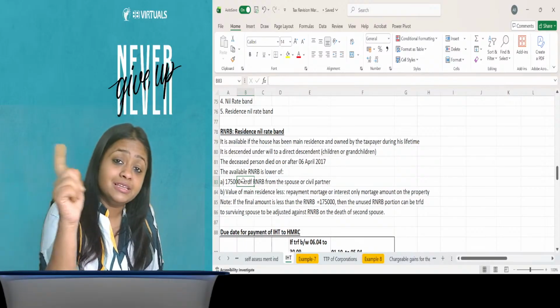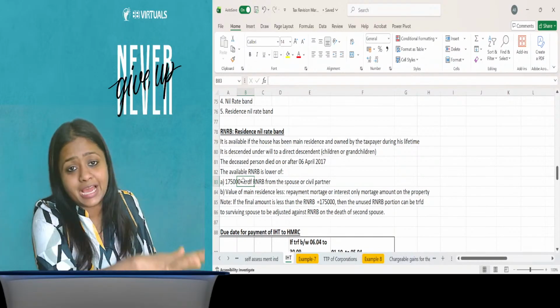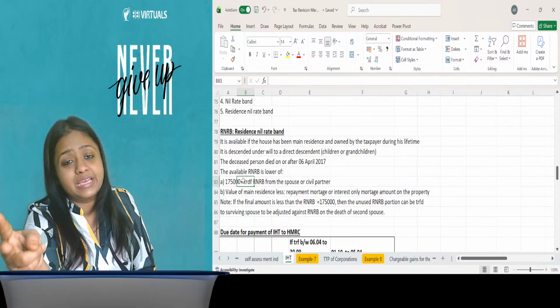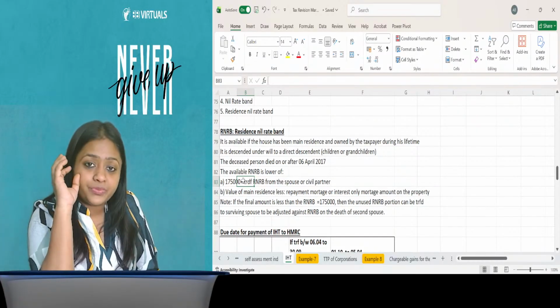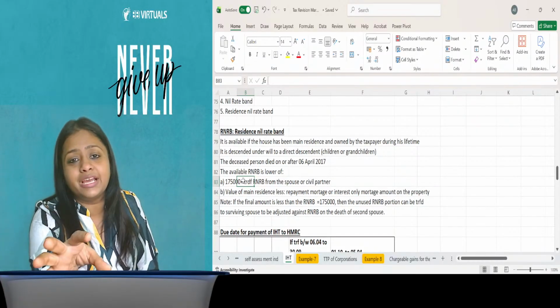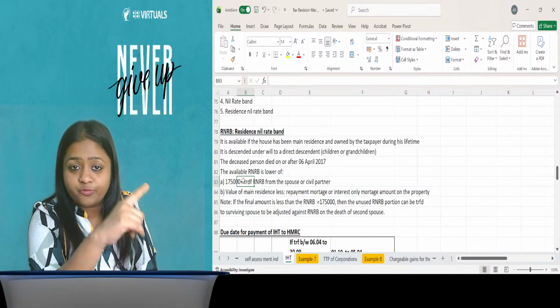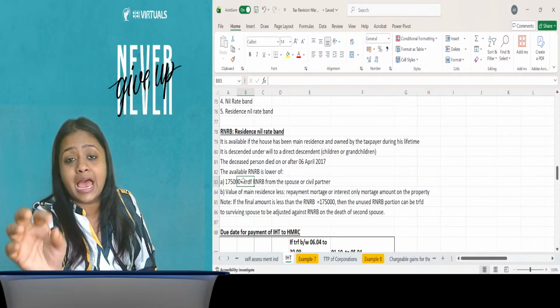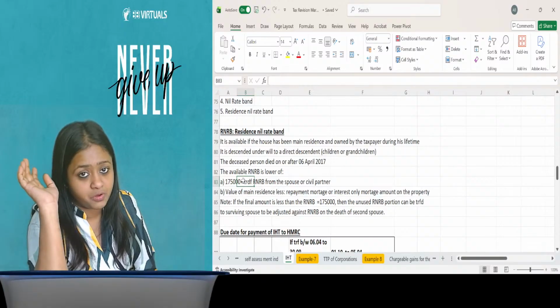Clear? Again the same rule, if the first spouse dies already and now the second spouse has died, then whatever is the remaining unutilized portion of RNRB for the first spouse will be given here and added to the RNRB of the second spouse.